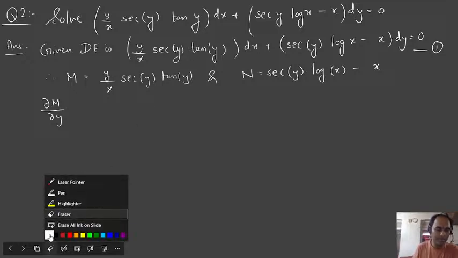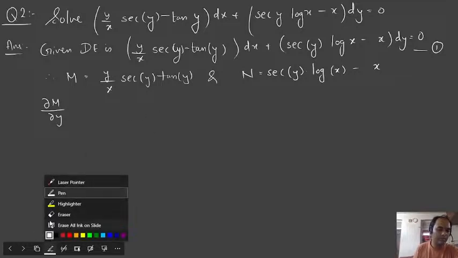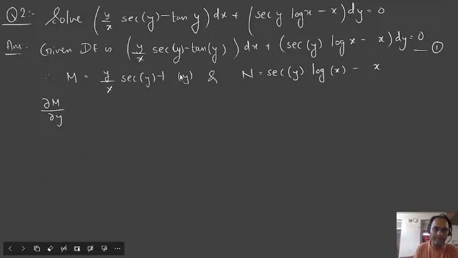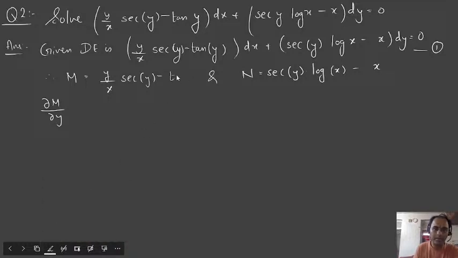So here there is a minus sign. Okay, so we'll just write this properly.